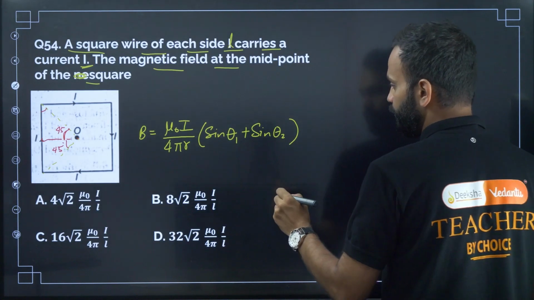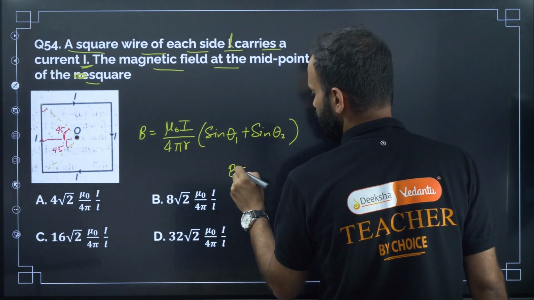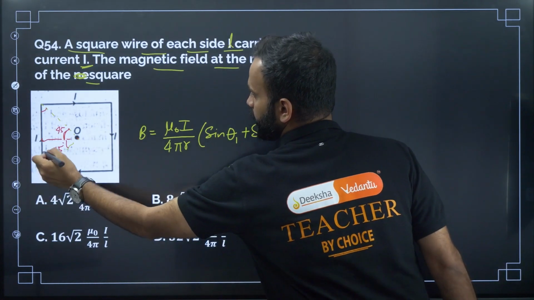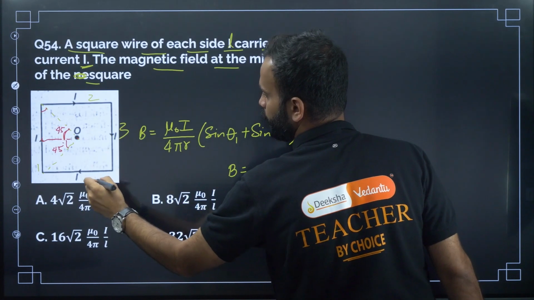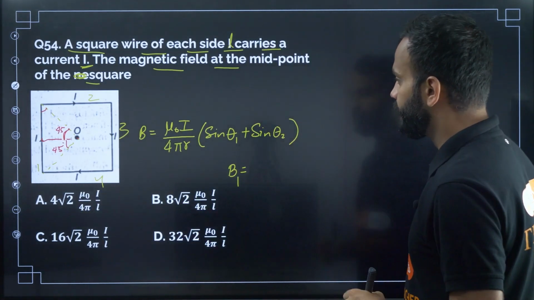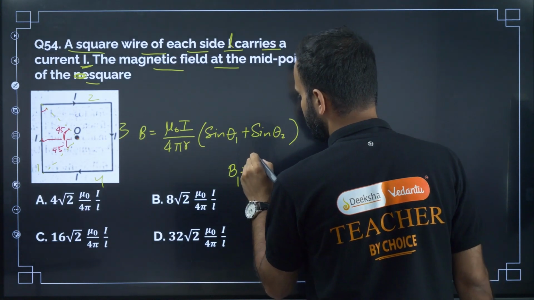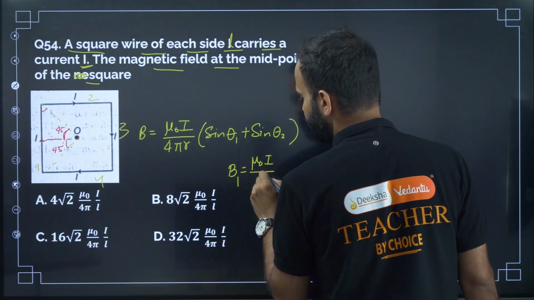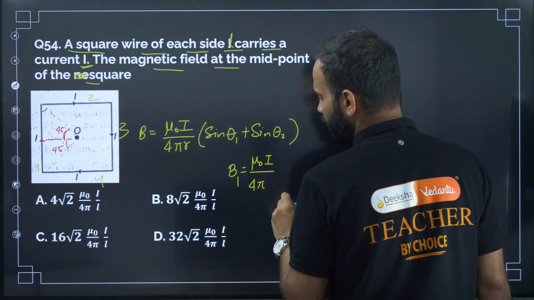So now magnetic field B due to the first wire, this is the first wire, second wire, third wire and fourth wire. Okay, so B1 is equal to mu naught into I divided by 4 pi.